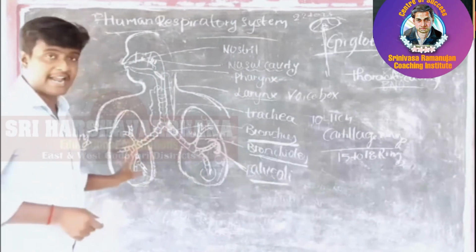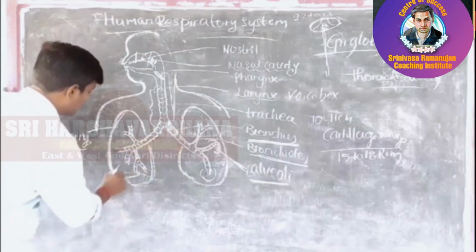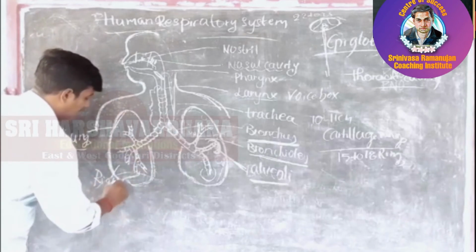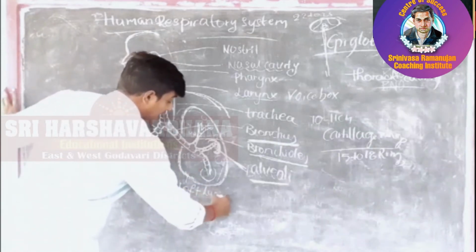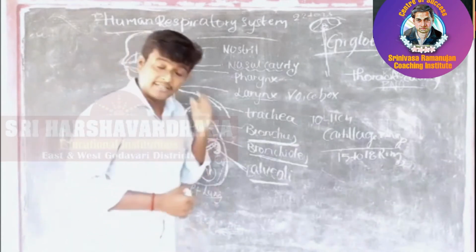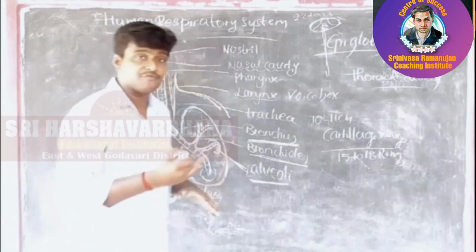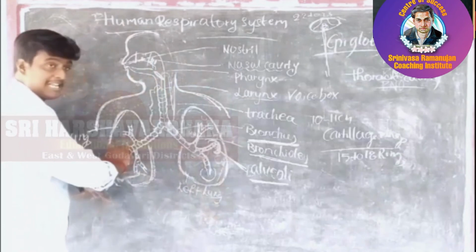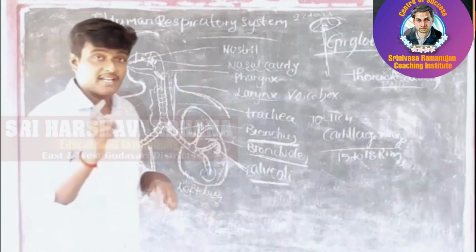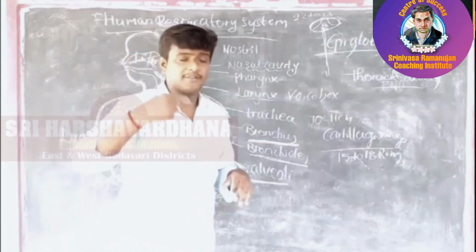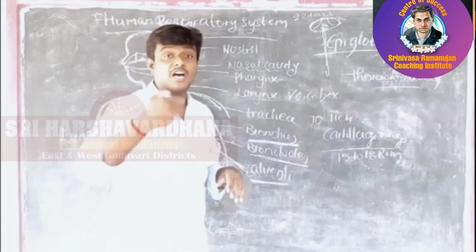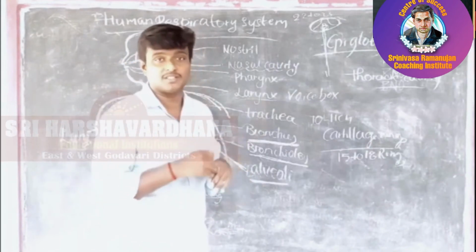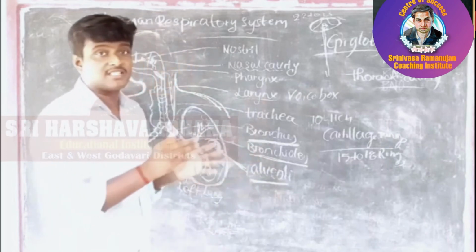So which one is the right and which one is the left? This one we call the right lung, and this one we call the left lung. Sometimes at labeling time most students get confused and write this one as the left and this one as the right. Also when we discuss the heart chambers in the circulatory system, most of them write in a jumbled way.